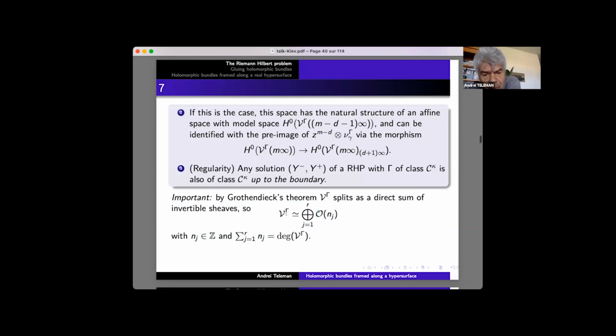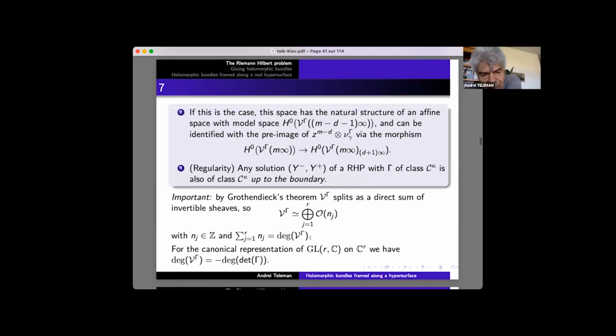What can be said about these integers? One can say that the sum is precisely the degree of V gamma, and this can be computed. It's a topological invariant, which of course should be prescribed by gamma.